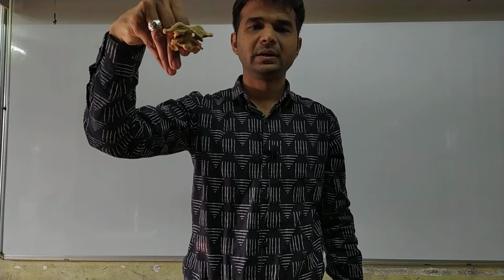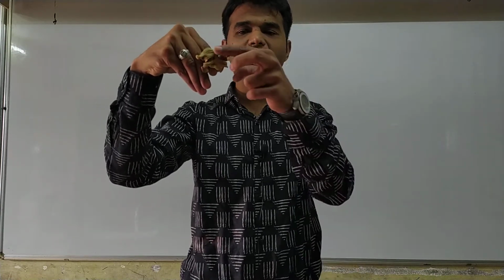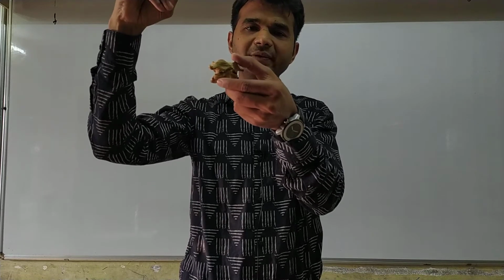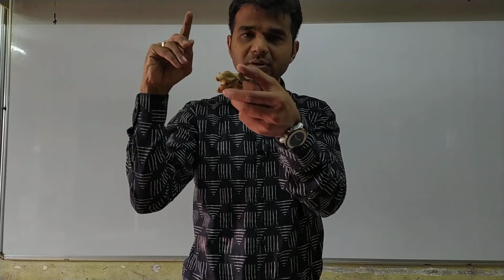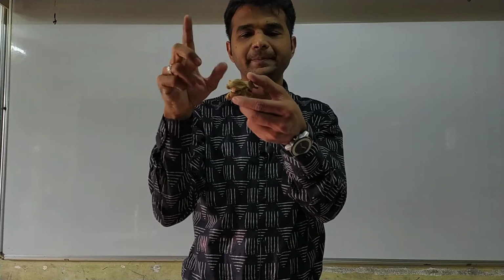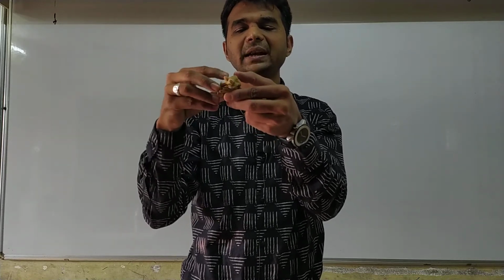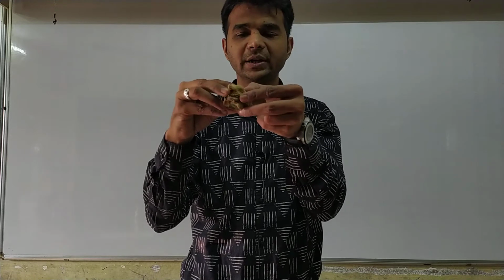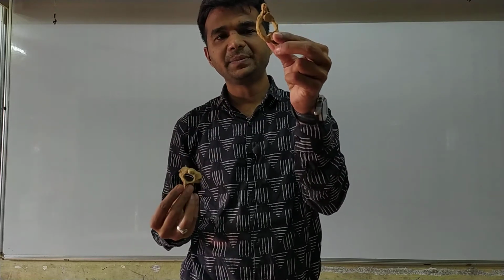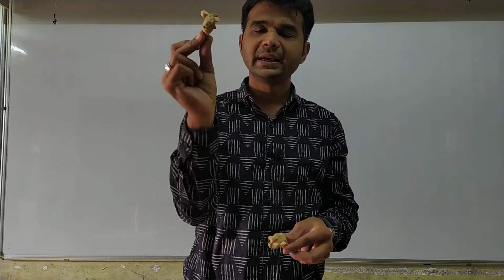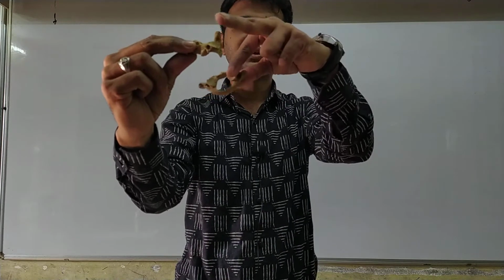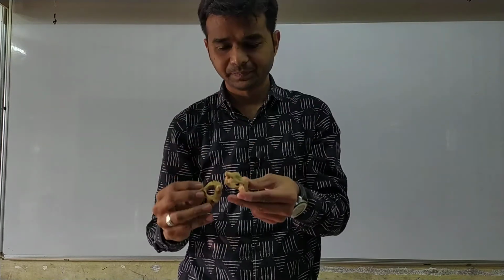And this forms the atlantoaxial joint. So atlas joined with the occipital bone of the skull is known as the atlanto-occipital joint, but here it is known as the atlantoaxial joint. So this is the first cervical vertebra, atlas, and this is the axis. Axis can be identified by this, and this is the atlas.